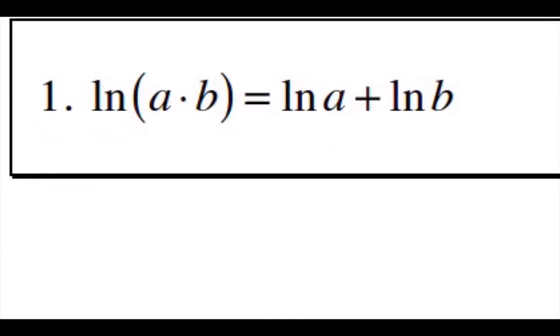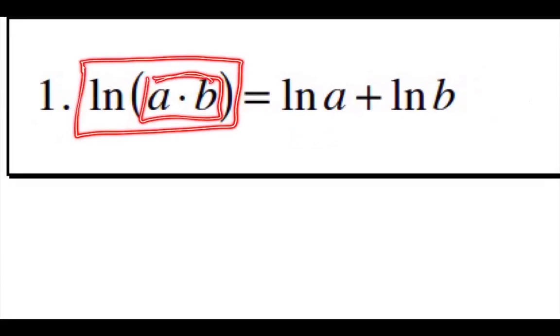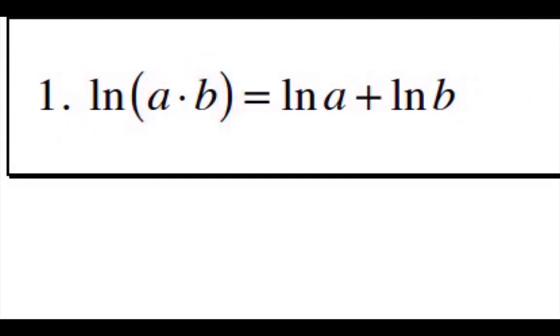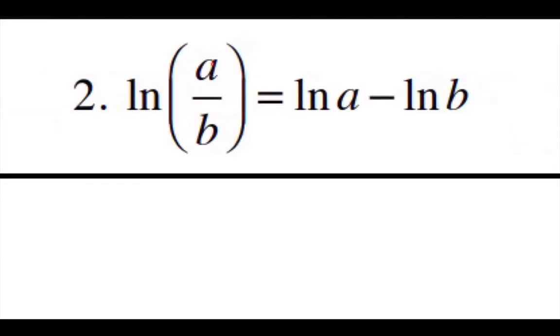For example, if we have something that looks like this, when I find the derivative of the inside, I'm going to have to use product rule, right? Over here, I'm not going to have to. 2 small problems that I just add together like we did, right? Make the problem smaller. Over here, I would have to use quotient rule to find the derivative of this, right? Because when we find natural log, the top is the derivative and the bottom repeats itself. Well, here, I would have to use quotient rule. Over here, I wouldn't.